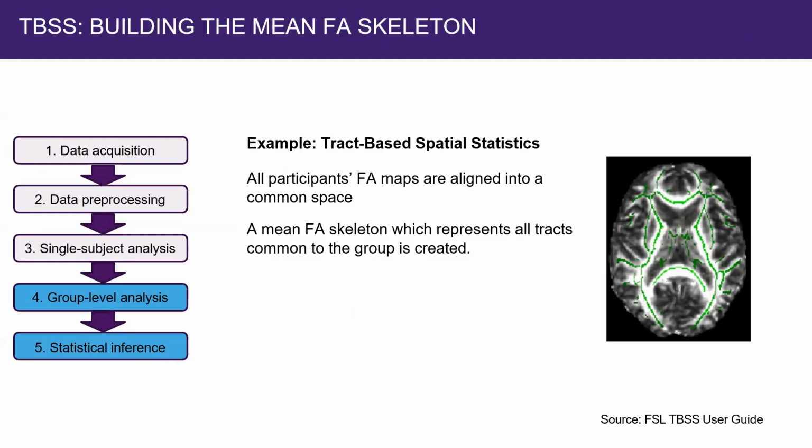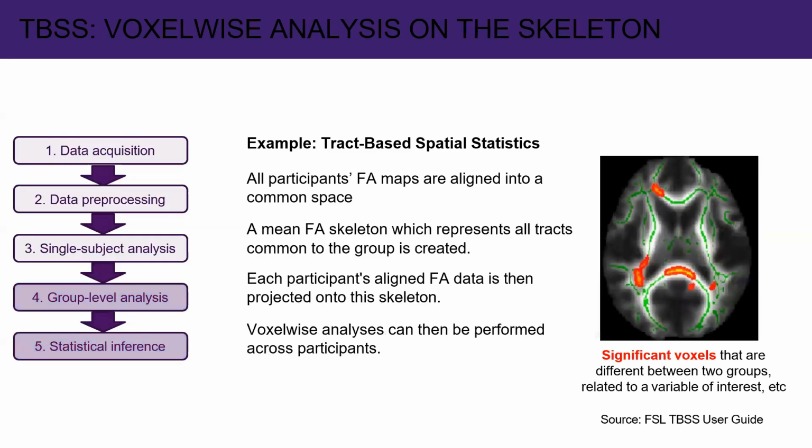Mathematically, you transform all of the brains into a common space, and later you can evaluate the mean FA. You have a skeleton of the FA map, and later you can evaluate different kinds of measurements. You can do a voxel-wise analysis, and in red are the important voxels that have statistical differences between two groups.